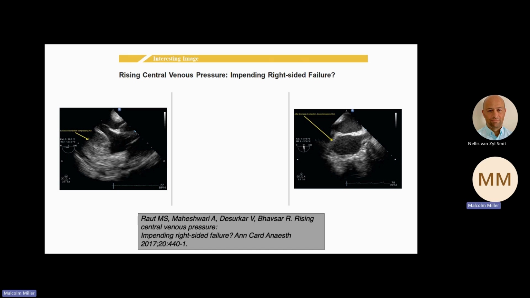What we realize now is that if we've got a rising central venous pressure, we've got failing physiology, essentially. We've got a failing right side, fluid overload, or cardiac tamponade, but we have a problem. And a low CVP is probably a lot more reassuring than a high CVP.